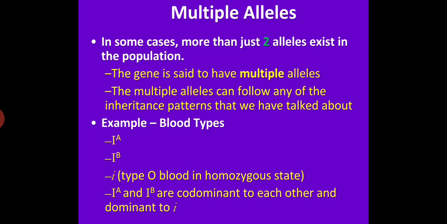The gene is said to have multiple alleles. Multiple alleles can follow any type of inheritance that we have talked about. Example, blood types IA, IB, and small i, type O blood in a homozygous state, and IA and IB are codominant to each other and dominant to small i.